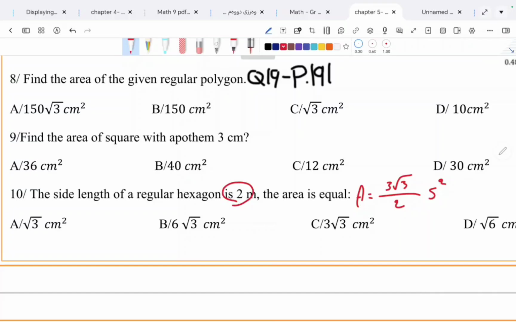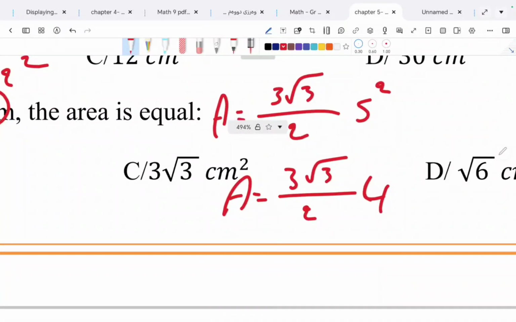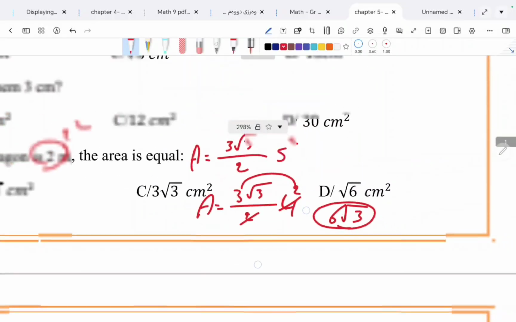S is given, which equals 2. So directly you can find the area. 2 power 2 equals 4. Can I simplify between 4 and 2? Of course, it will be 2. Now we have 2 times 3 equals 6 square root of 3.